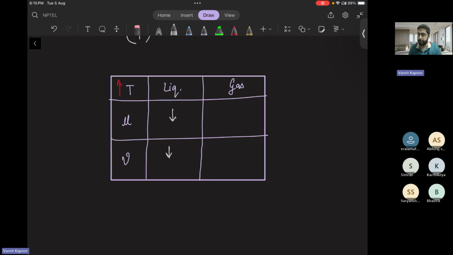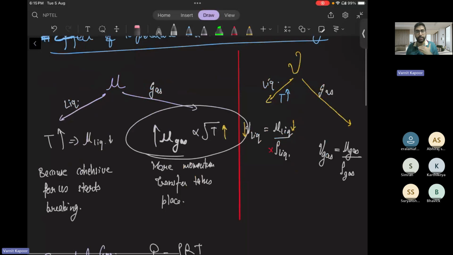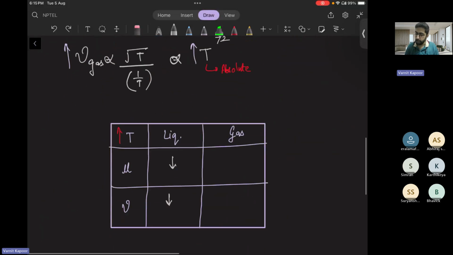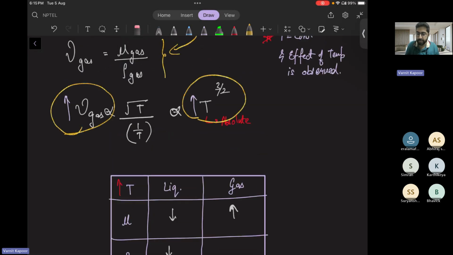Whereas with increase in temperature, what happened to the dynamic viscosity of gas? It increases because molecular momentum increases. We have seen here with increase in temperature, mu of the gas increases, as well as kinematic viscosity of the gas also increases.